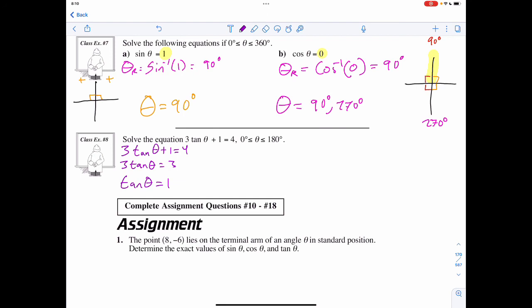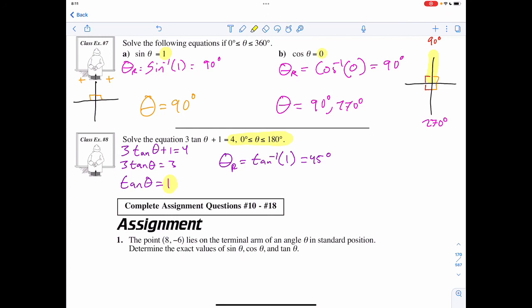And in this case, my reference angle is tan to the negative 1 of 1, which is 45 degrees. Now we know that tan is positive 1 in quadrants 1 and 3, but here it restricted the possible values to being between 0 and 180, and because quadrant 3 is above 180 degrees, we can't include quadrant 3.